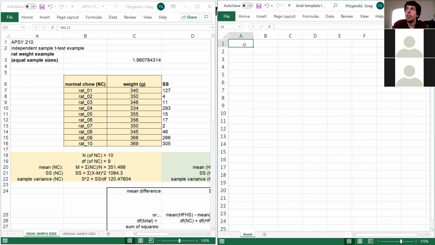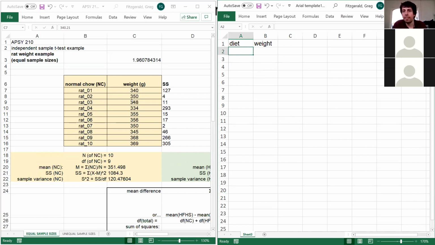So we are going to create two different columns. We're going to create a diet column, and we are going to create a weight column. So what we have here is one variable, which is our dependent variable.